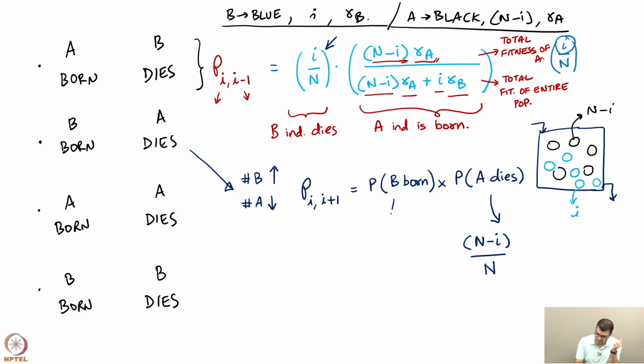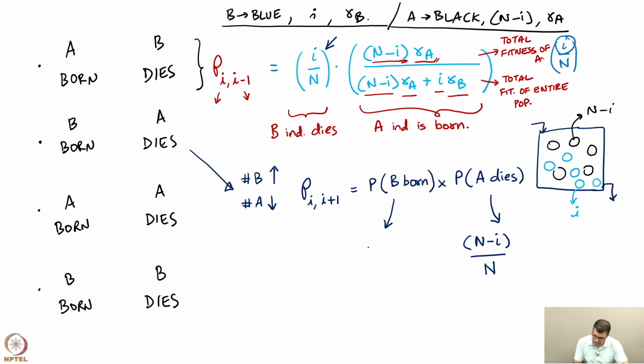On the other hand, the probability that a B type individual is going to be born, using the same logic that we used in the previous expression, is simply going to be the total fitness of B type individuals in the numerator divided by the total fitness of the entire population in the denominator.